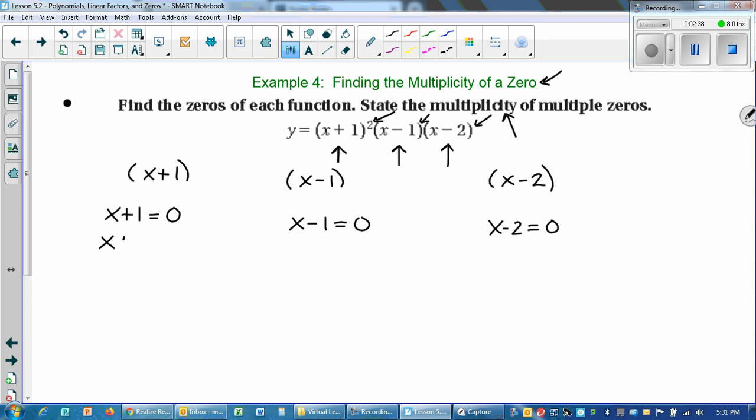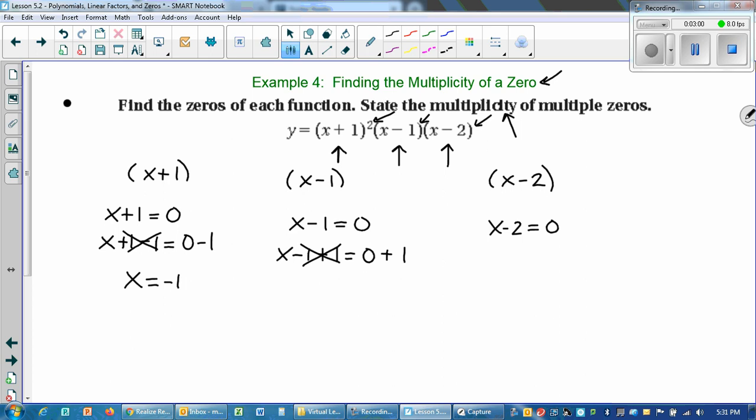So our first one, x plus 1, we'll do minus 1 because that is the opposite operation, and then 0 minus 1. Plus 1 minus 1 cross out, leaving me with x is equal to negative 1. On our second factor, x minus 1, opposite operation is plus 1. So then we have 0 plus 1.